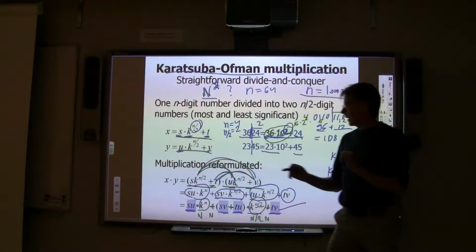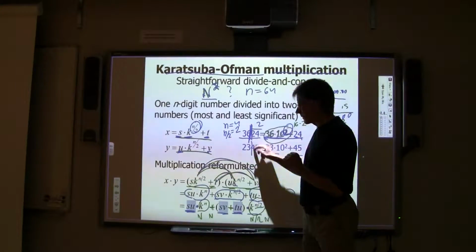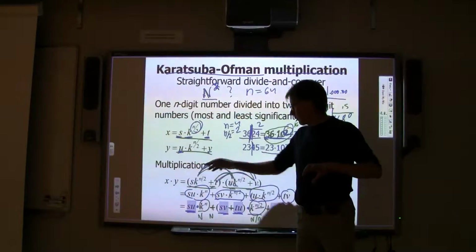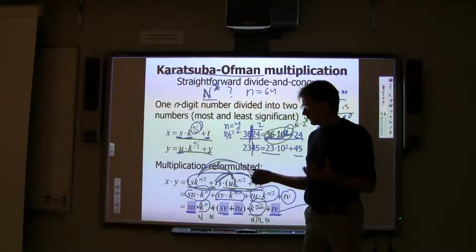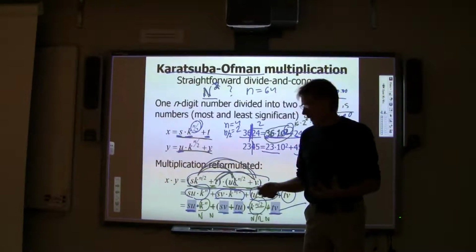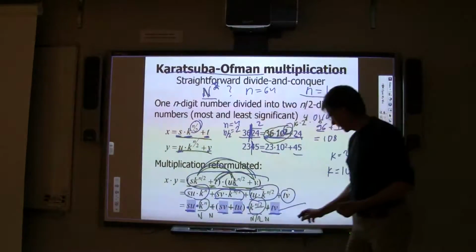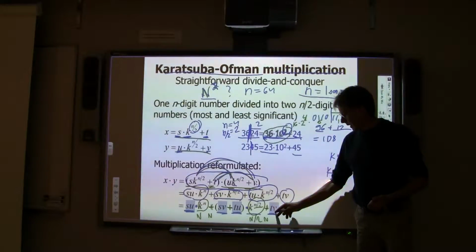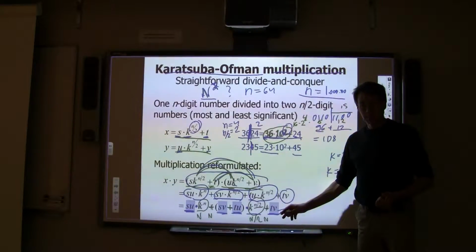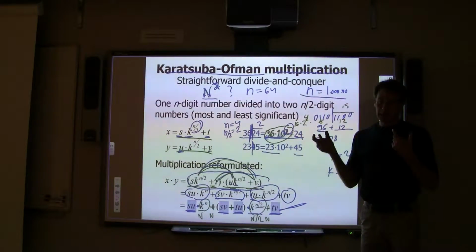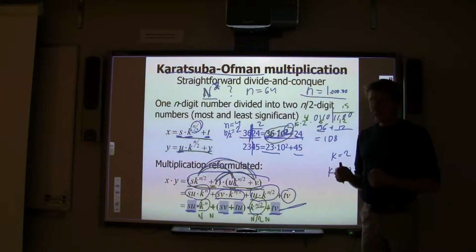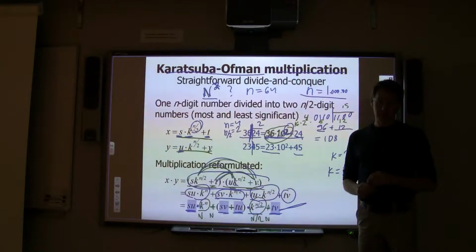What I have done now is divide the number into halves in the middle. I have reformulated the multiplication with these half numbers, and I have a new formulation of the bottom line here, but now I have other multiplications. Originally I had only one multiplication. Now I have 4 multiplications. What's the point?